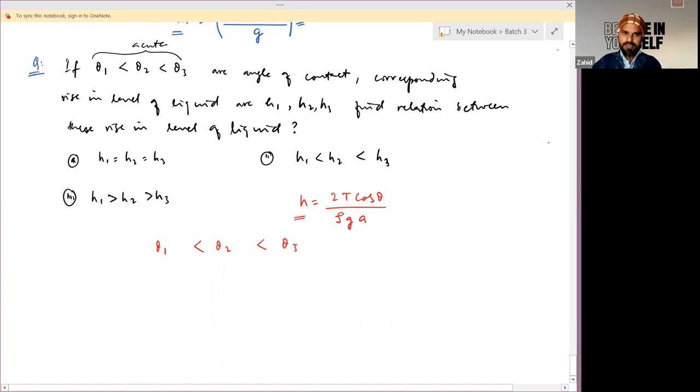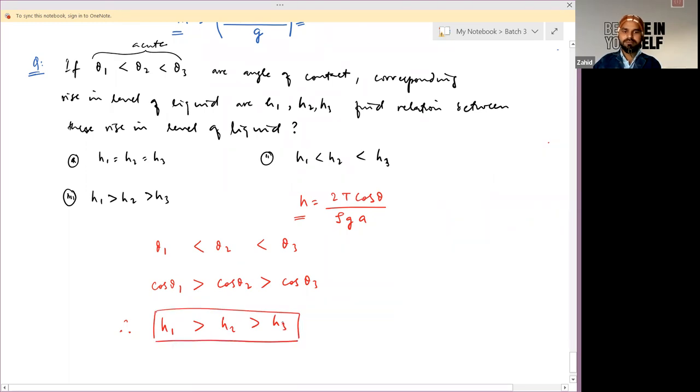Theta 3 is the largest compared to theta 1. So cos theta 1, cos theta 2, and cos theta 3 corresponding to these three values will be related like this. It means for a smaller value of theta, cos theta will be larger, and for a larger value of theta, cos theta will be smaller. Therefore, H1 will be maximum and H3 will be minimum. So the third option will be correct.